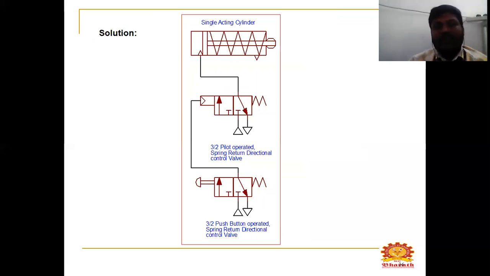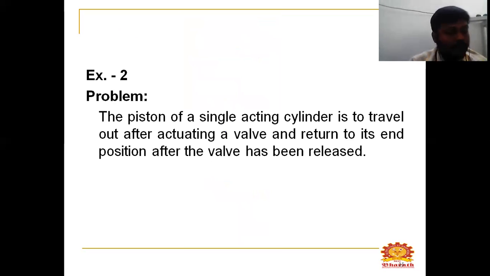See here, we are using a push button, and if the push button is on, the direction will be from this position to this position. Your flow will be from here to here, the position will be changed, and your cylinder will be extended. If the cylinder is to be retracted, you have to change the position. So this is the solution for the piston.